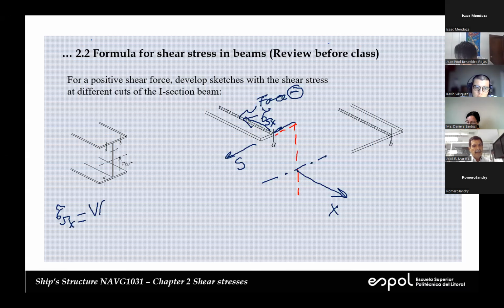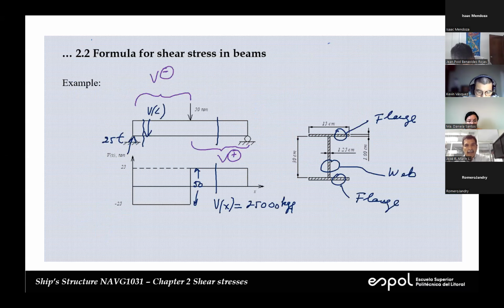So it's V of x, Q of S, divided by the inertia and b. We consider a cut here.